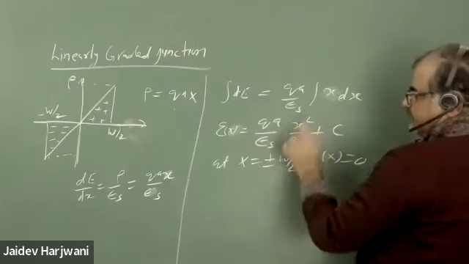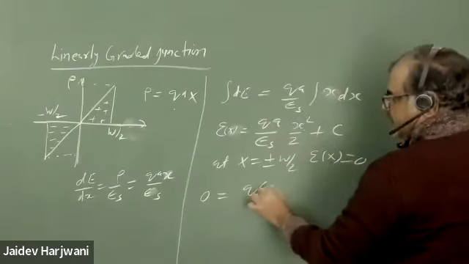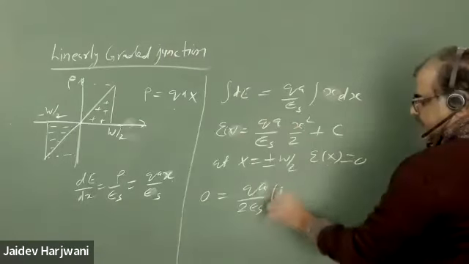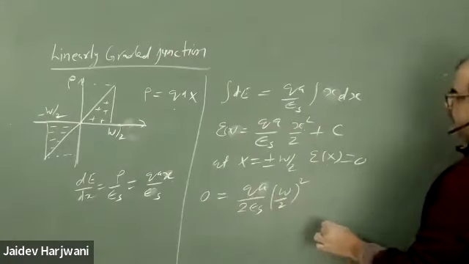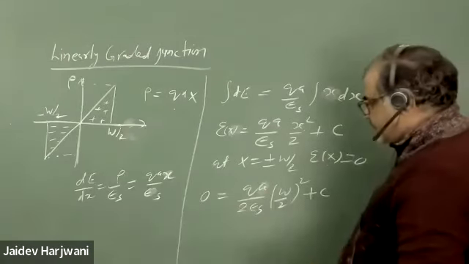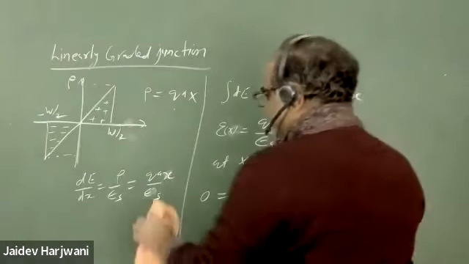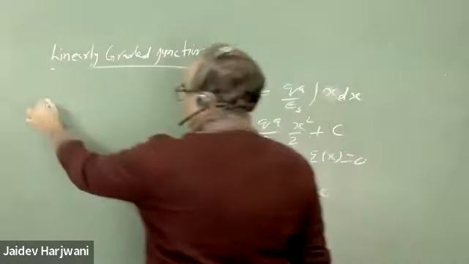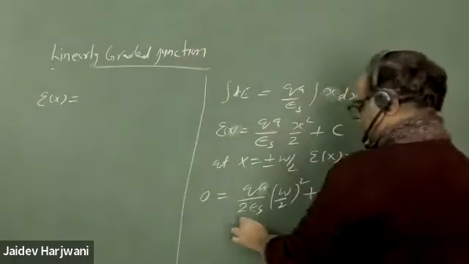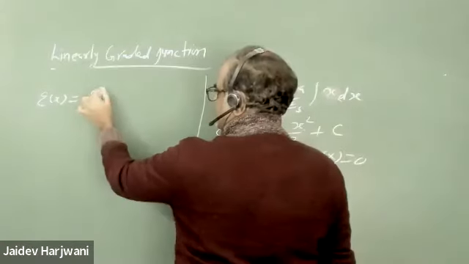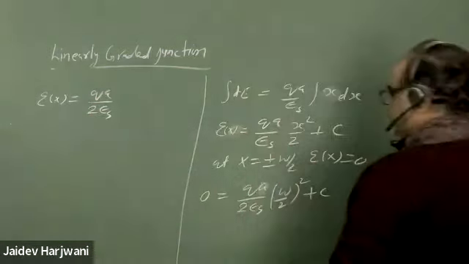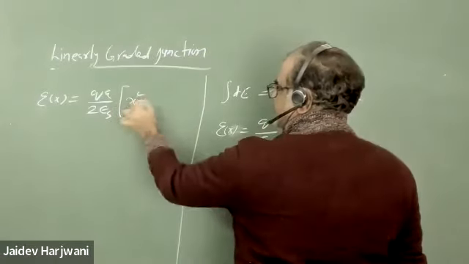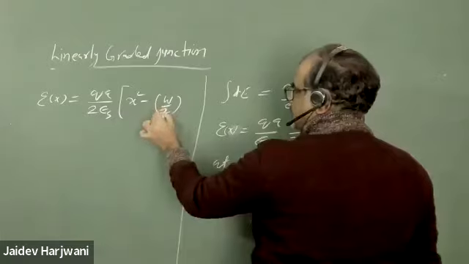Now put E(x) equal to 0 at W by 2. So this will give me q a upon 2 epsilon_s, into W by 2 whole square, plus C. This C value will come as minus this one, so I can write my electric field E(x) as q a upon 2 epsilon_s, taking common, x square minus W by 2 whole square.